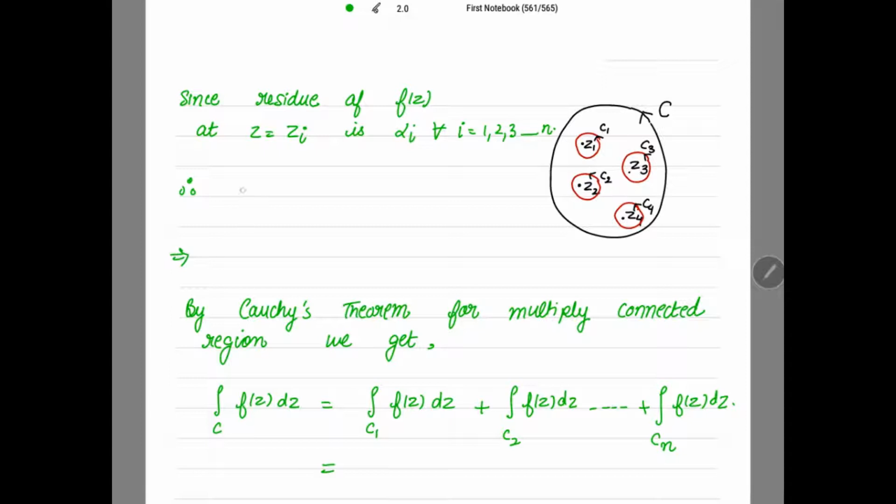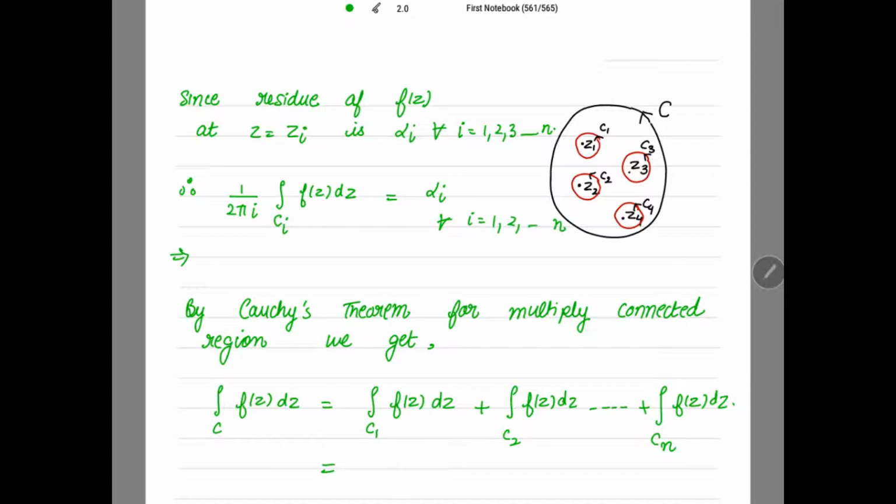Therefore, 1 over 2 pi i, this is the formula for residue which we have learned in the last video. So 1 over 2 pi i integral over Ci of f(z) dz is equal to alpha i, for all i equal to 1, 2, up to n.